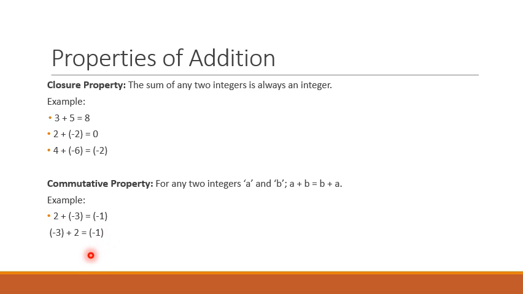Now if I change the order of the two integers, minus 3 is written first and 2 is written later. But again the answer is minus 1. So irrespective of the order of the integers, the answer is always the same. This is the commutative property of addition.